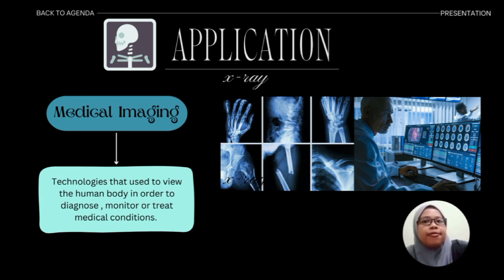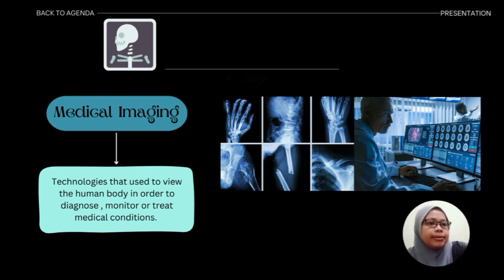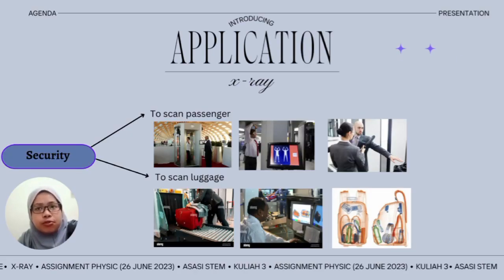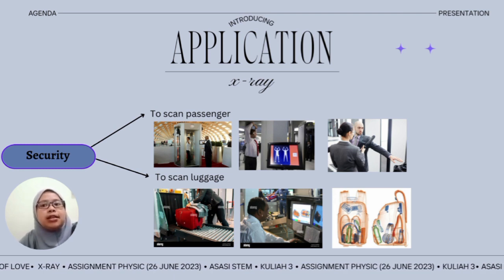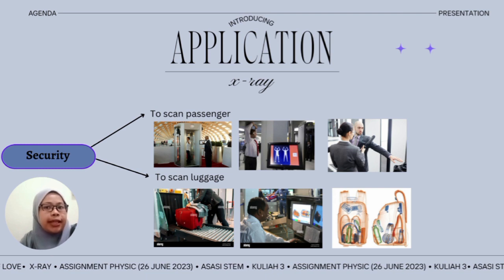X-ray imaging has application in medical. For example, X-ray imaging is used for a variety of purposes, such as getting an image of broken bone, swollen objects, and lung infection. Another common use of X-ray imaging is to scan passengers or luggage at airport and mall.